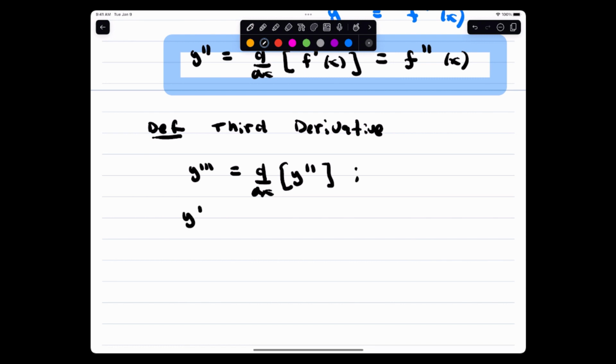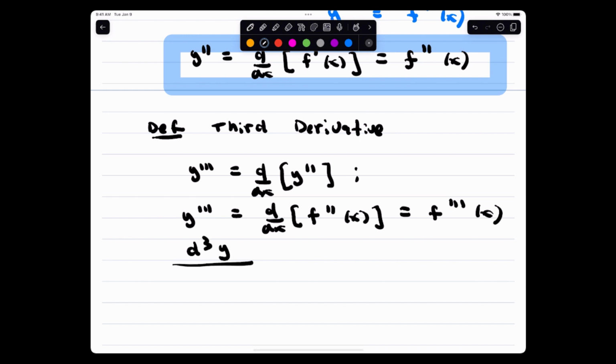If they give you operator notation, you have the second derivative. Well, that's going to be now f triple prime. That's the third derivative. And then we do have the d cubed y dx cubed notation as well. So this is your third derivative definition. You could keep going, fourth derivative, and so on.